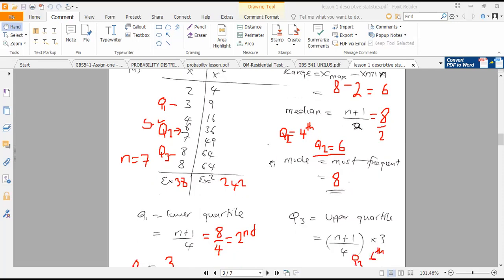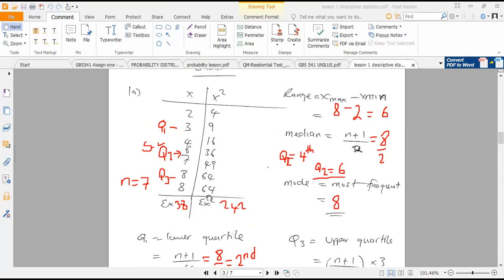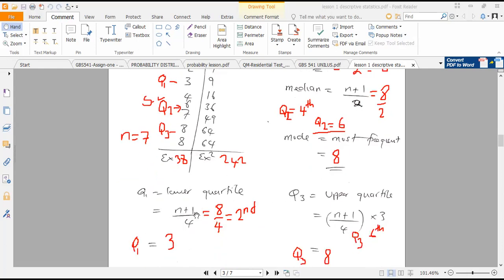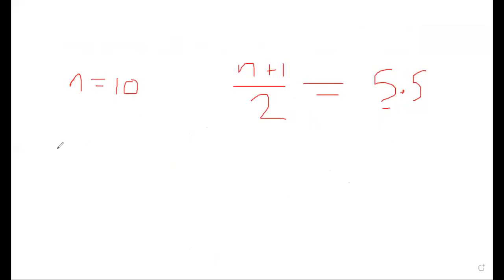Then we get what we call the quartiles, the lower quartile and the upper quartile. Our formula still goes back to what? n plus 1. If you're dealing with a lower quartile, it's a quarter of n plus 1. So Q1 is the lower quartile, which is given by a quarter of n plus 1.